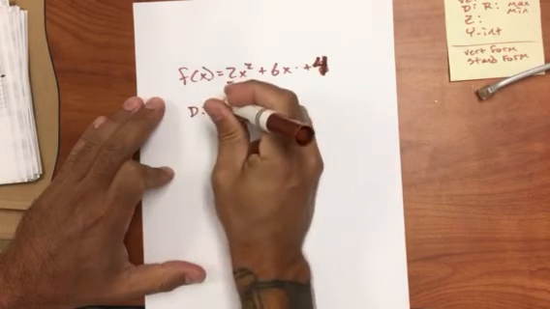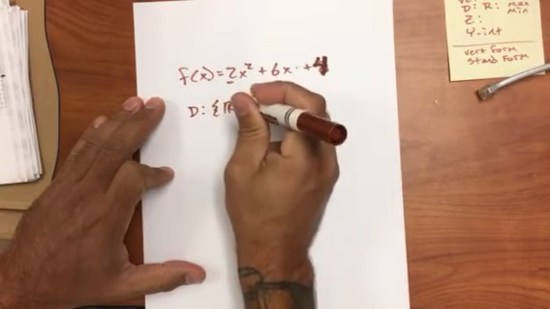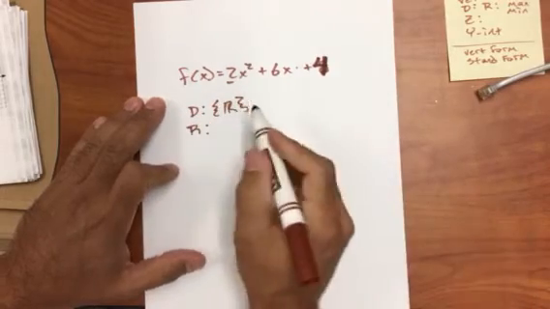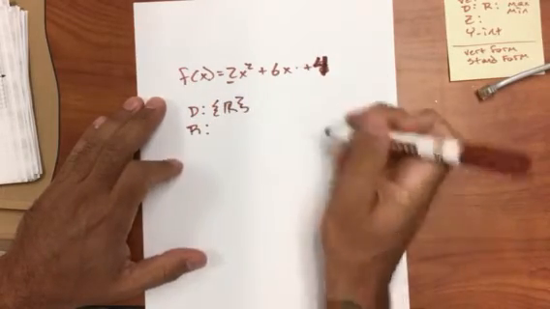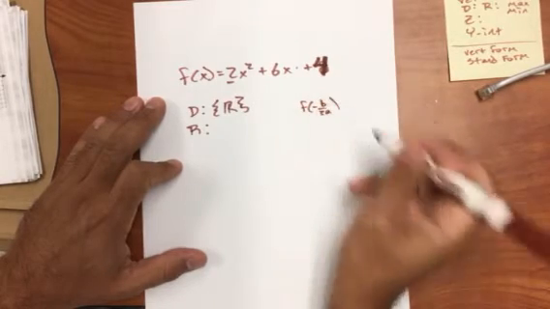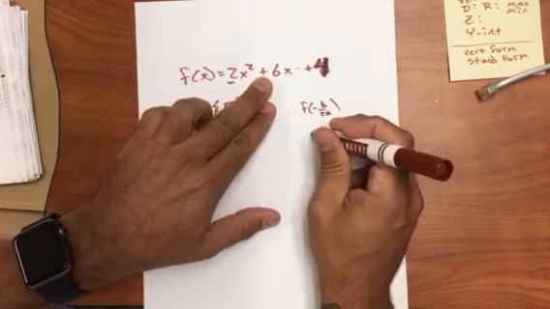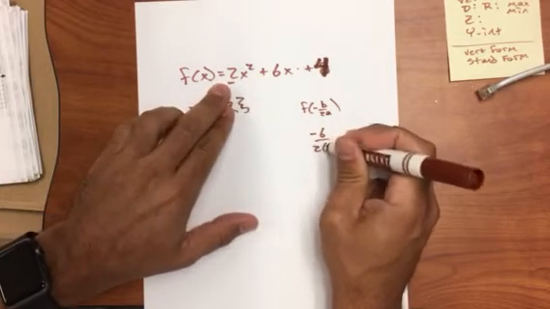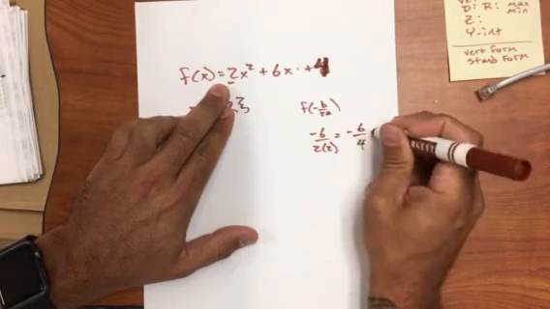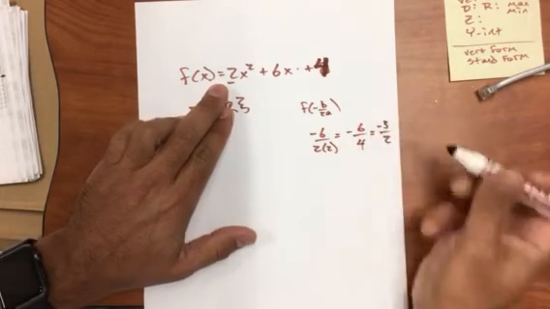My domain is always all real numbers. The range, because that's a positive a, is going to be the y value of the vertex, which is f of negative b over 2a. So negative 6 over 2 times 2 is negative 6 over 4, or negative 3 over 2.